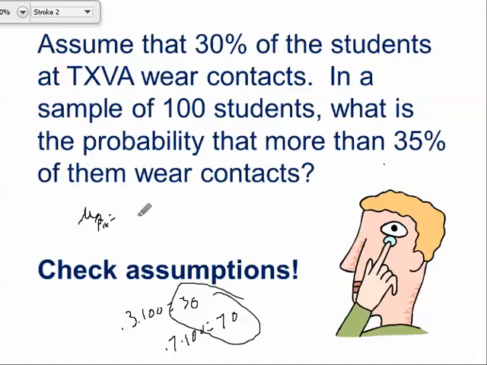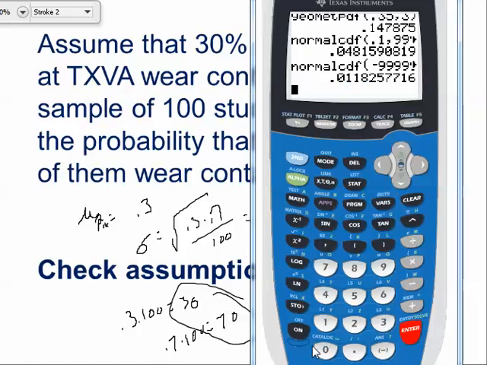Our mu of p-hat is going to be equal to 0.3. Our standard deviation in this situation is going to be equal to the square root of 0.3 times 0.7 divided by 100. And that's going to be equal to, I don't know, let me clear that.